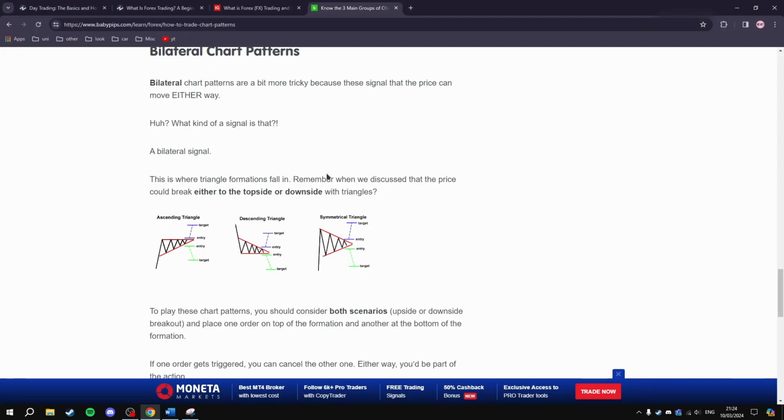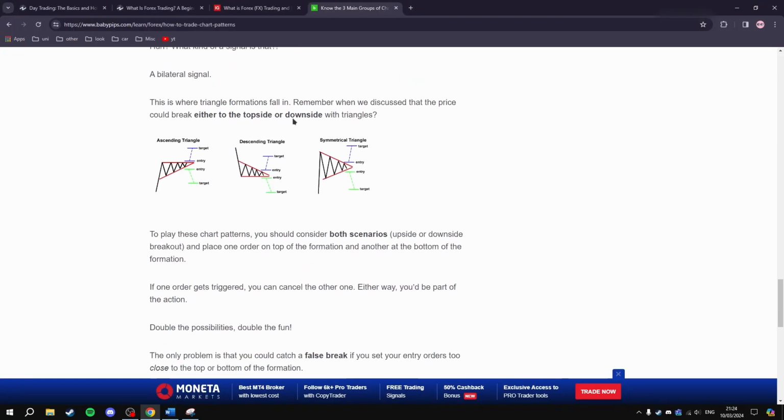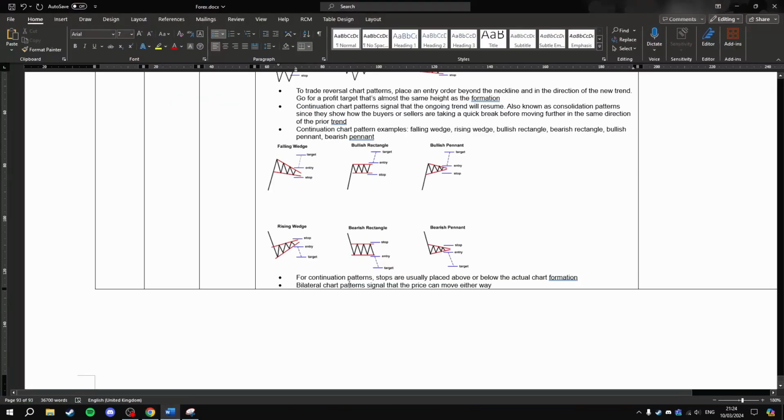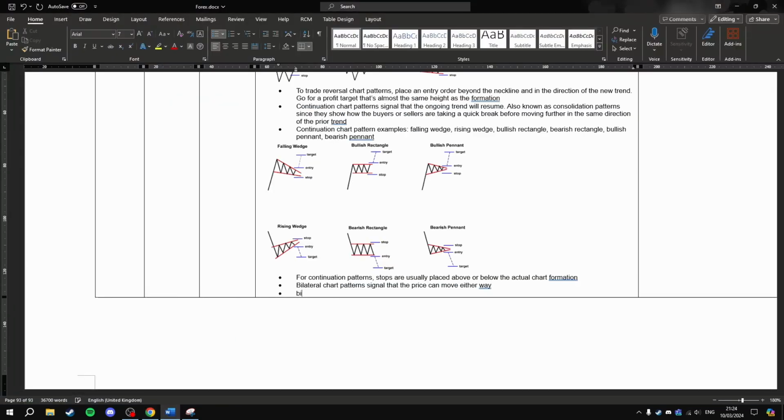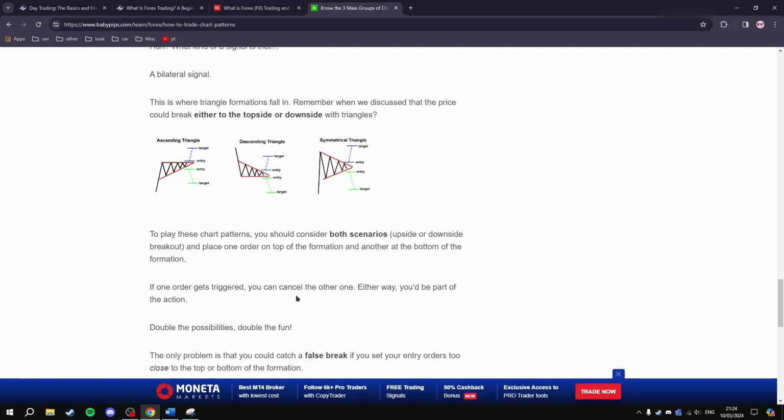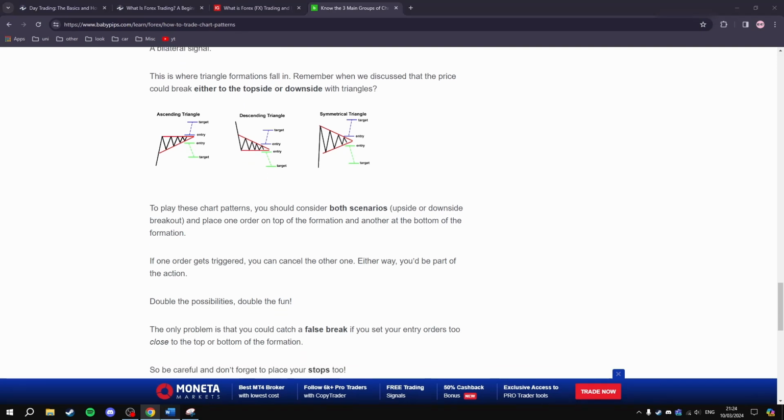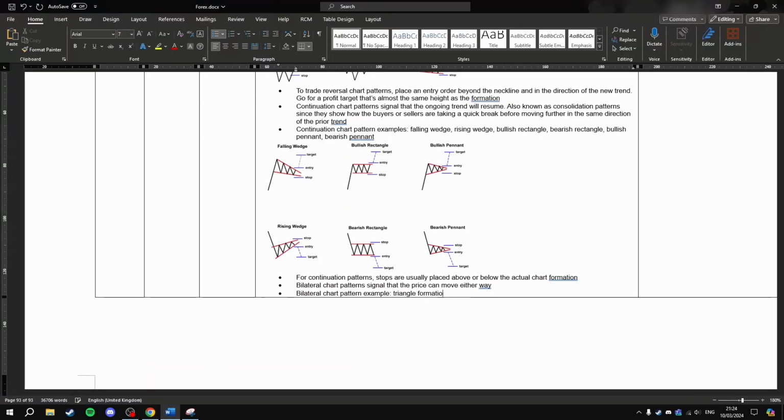A bilateral signal. This is where the triangle formation falls in. So, bilateral chart pattern example. Triangle formation.